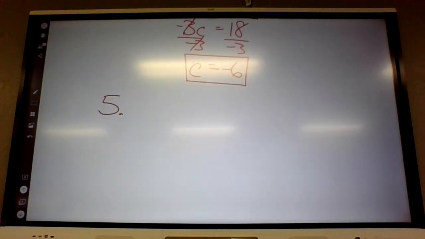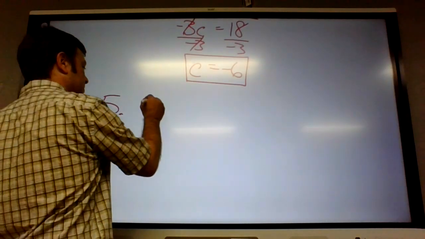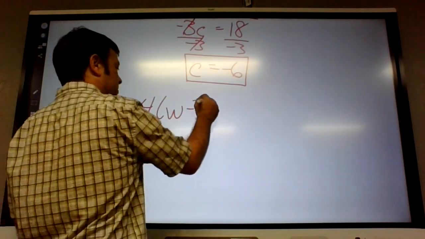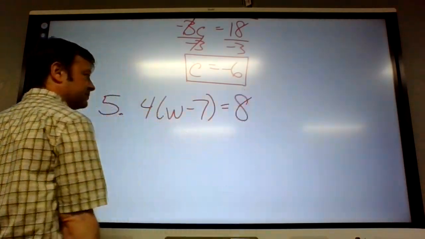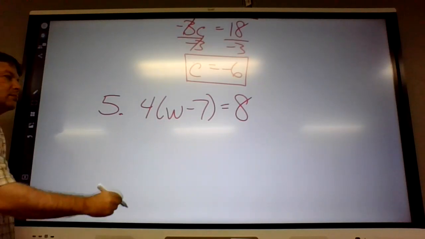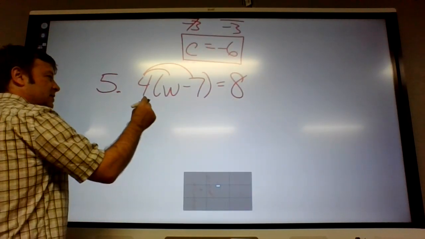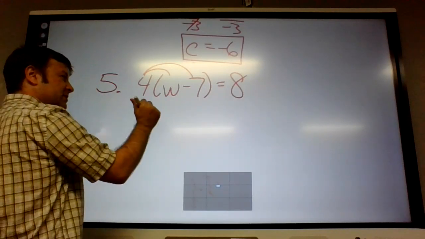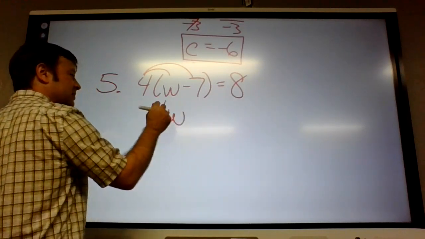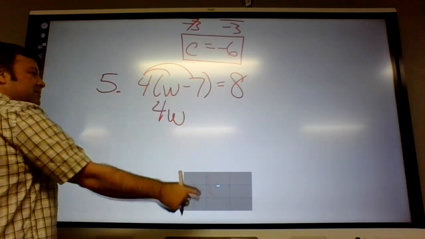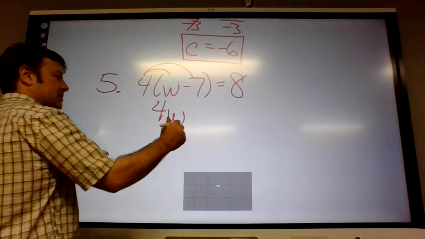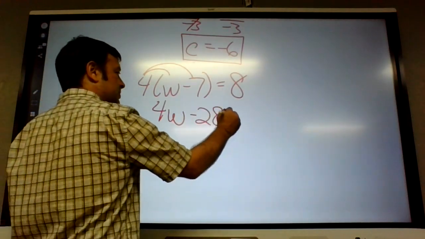All right, 4(w minus 7) equals 8. Rain, what should we do with this first? Right. So 4 times w is 4w. And 4 times negative 7 is minus 28.